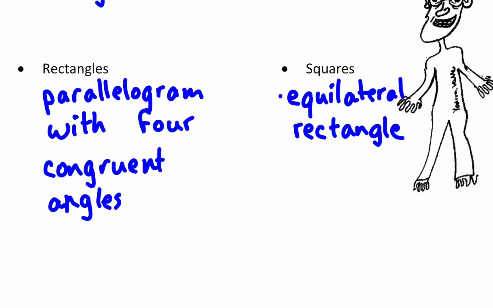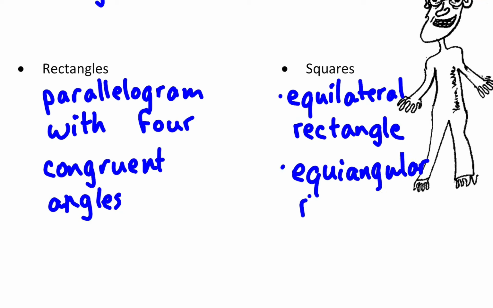So that means that a square is a parallelogram. And it has four congruent angles. So a square must have four congruent angles, but it's equilateral. So that adds that.